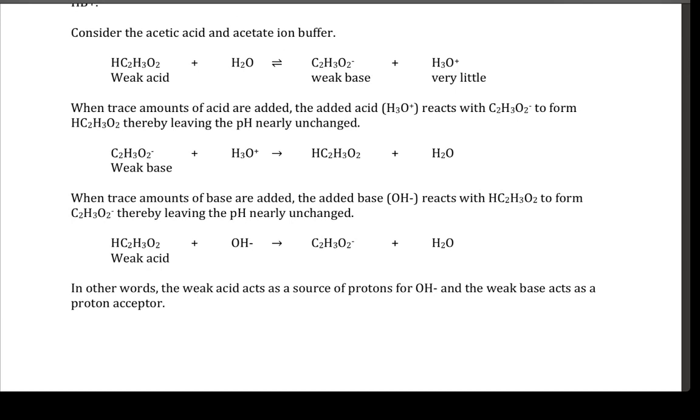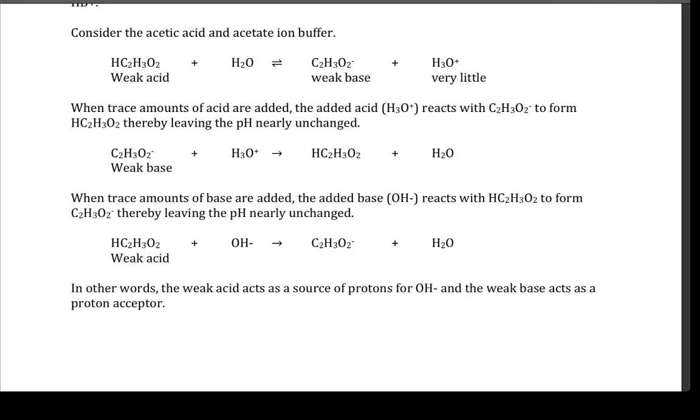When trace amounts of base are added, the added base, OH minus, reacts with HC2H3O2 to form C2H3O2 minus, again thereby leaving the pH nearly unchanged. So take our first reaction. When a little bit of base is added to it, what it's going to react with is the weak acid, the acetic acid.